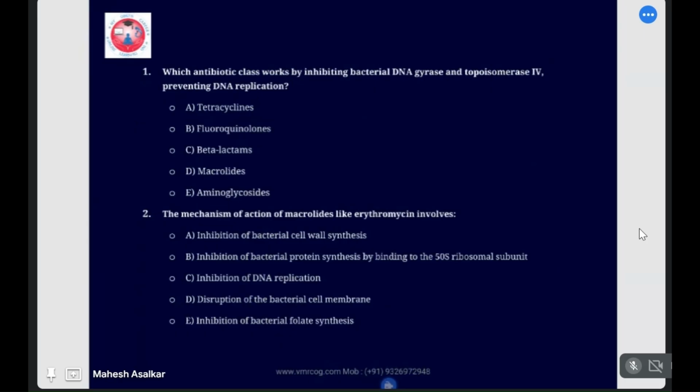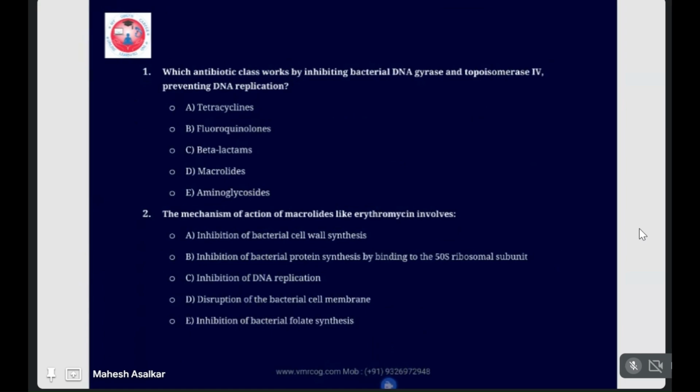Which antibiotic class works by inhibiting bacterial DNA gyrase and topoisomerase IV, preventing DNA replication? Bacterial DNA gyrase and topoisomerase. Option A, tetracyclines. Okay, we'll see. Go ahead with the next question.